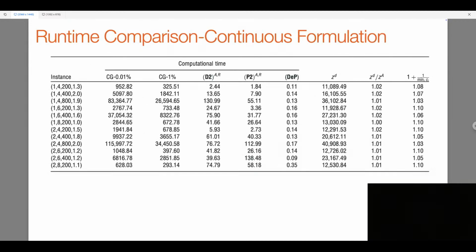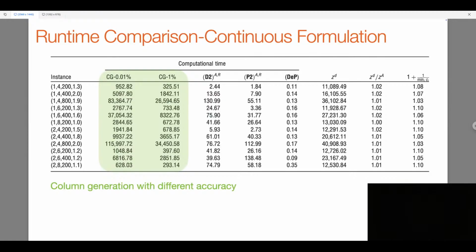The first result is a runtime comparison among the continuous formulations. Here we can see the first two columns are the column generation results with different accuracy, because solving column generation to the exact result could be very difficult and computationally expensive.